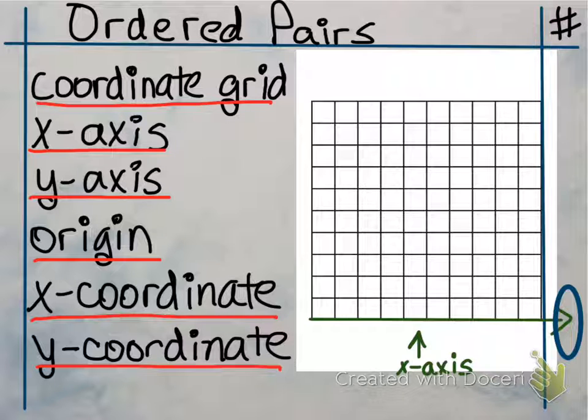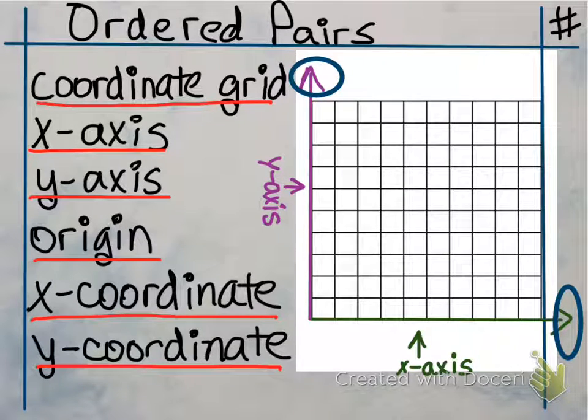Our coordinate grid also needs a y-axis. The y-axis is a vertical line which goes up and down, and you can see that it also has an arrow to indicate that it would continue going in that direction. We use these axes to find our coordinates, and where these two lines intersect, we call that the origin.